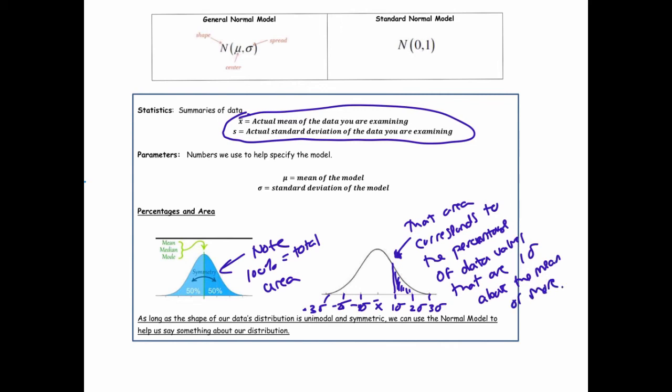So you want to understand that area corresponds to percentage, okay? And again, I emphasize, as long as the shape of the data is unimodal and symmetric, we can use the normal model to help us say something about the distribution. So we'll look at a particular example in the next slide.